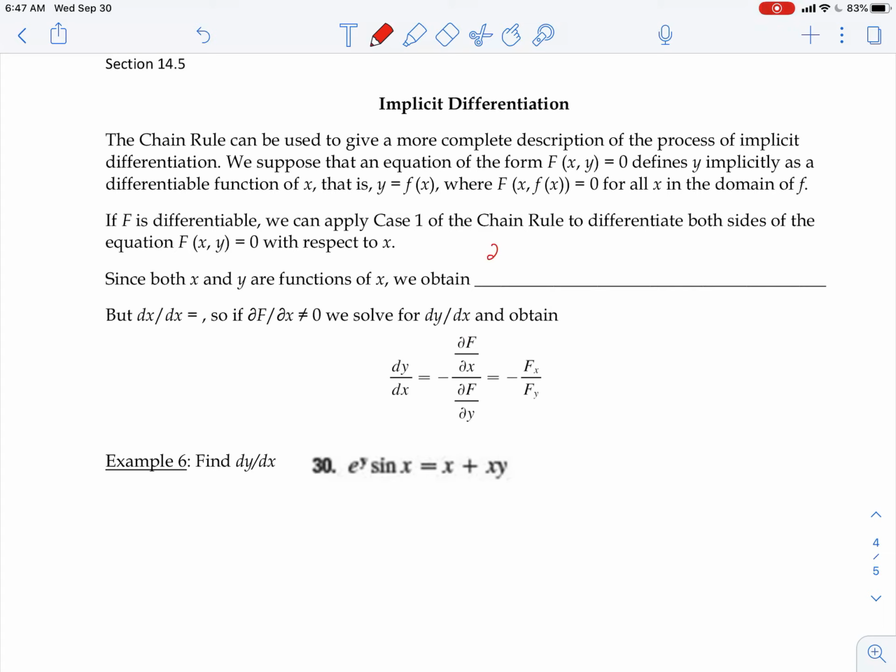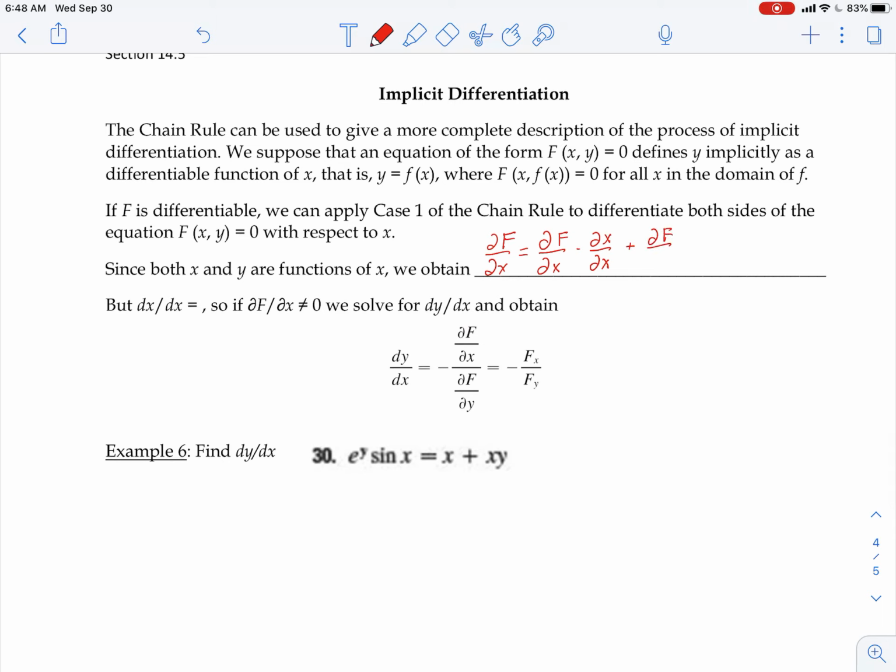Since both x and y are functions of x, we obtain this: the partial of capital F with respect to x is equal to the partial of F with respect to x times the partial of x over the partial of x, plus the partial of F with respect to y times the partial of y with respect to x.